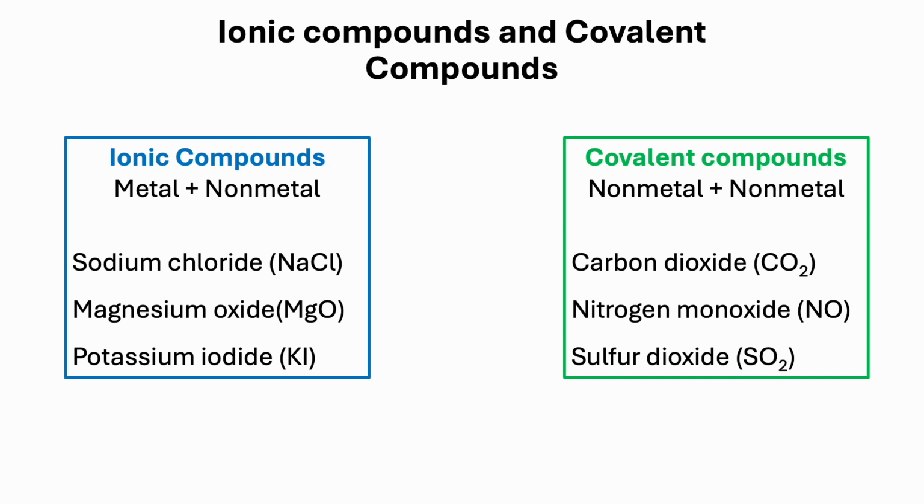The first element keeps its name, the second uses a modified name ending in -ide. Then convert the prefixes to subscripts. So remember, when you write formulas for ionic compounds, you write the metal symbol and nonmetal symbol and then balance the charges. For covalent compounds, since there are only nonmetals, we use prefixes.